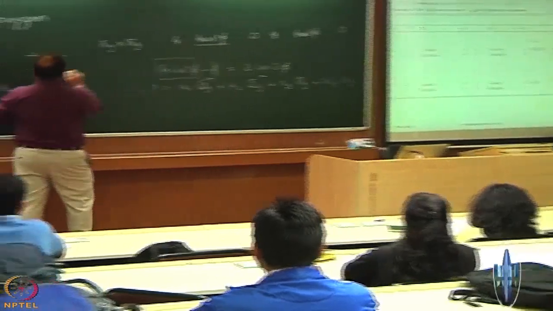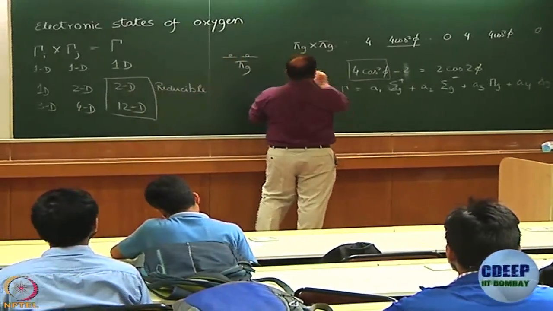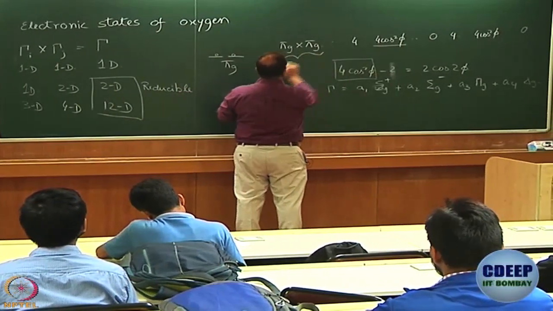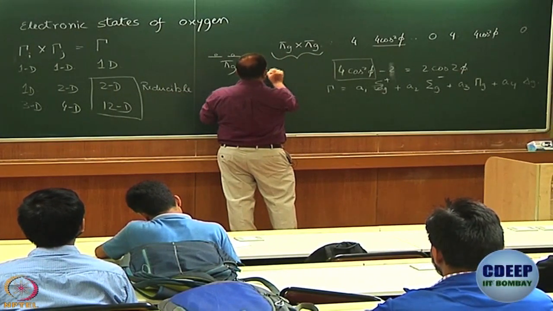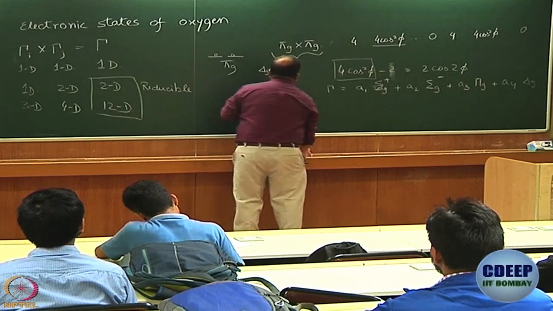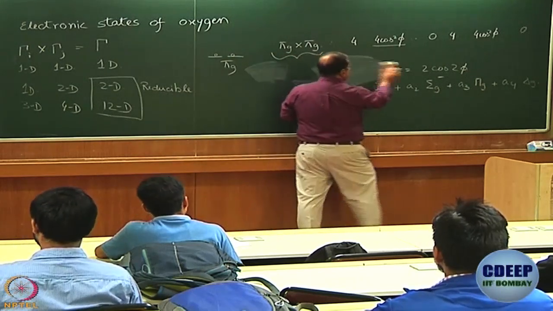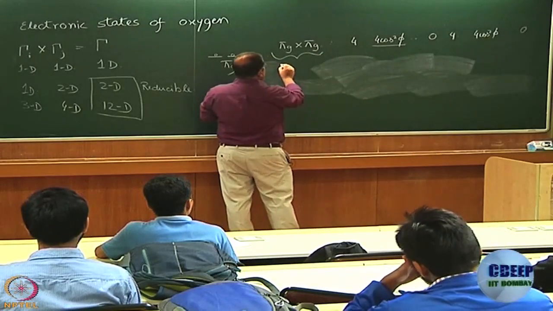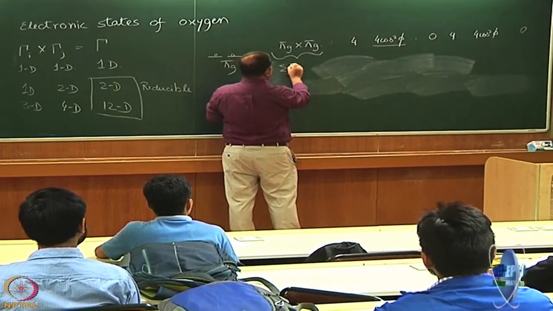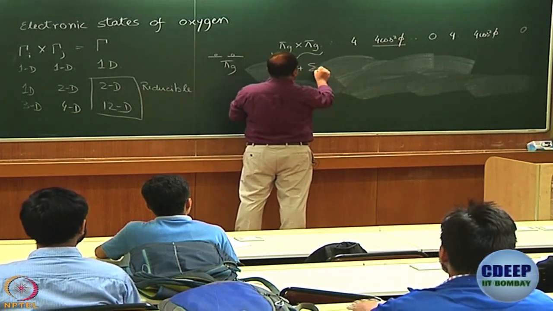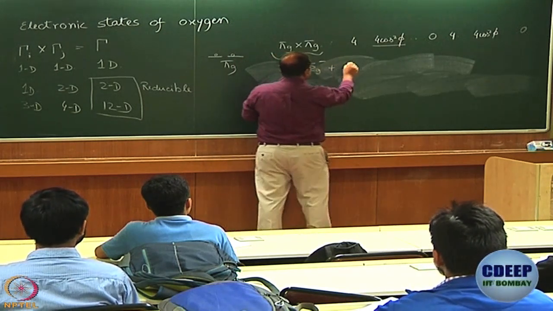So, what we get is that pi g cross pi g gives me, maybe I will write the 1-dimensional reps first, sigma g plus, sigma g minus, plus delta g.